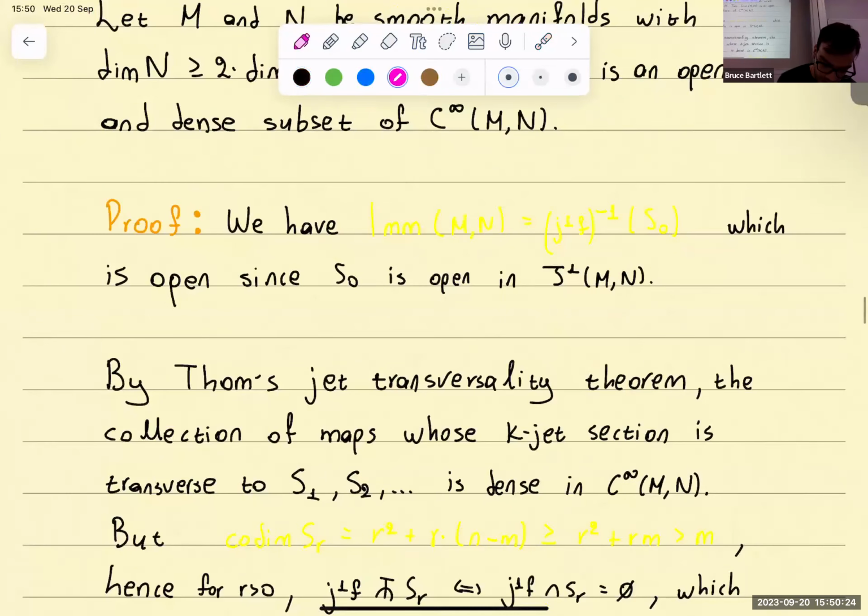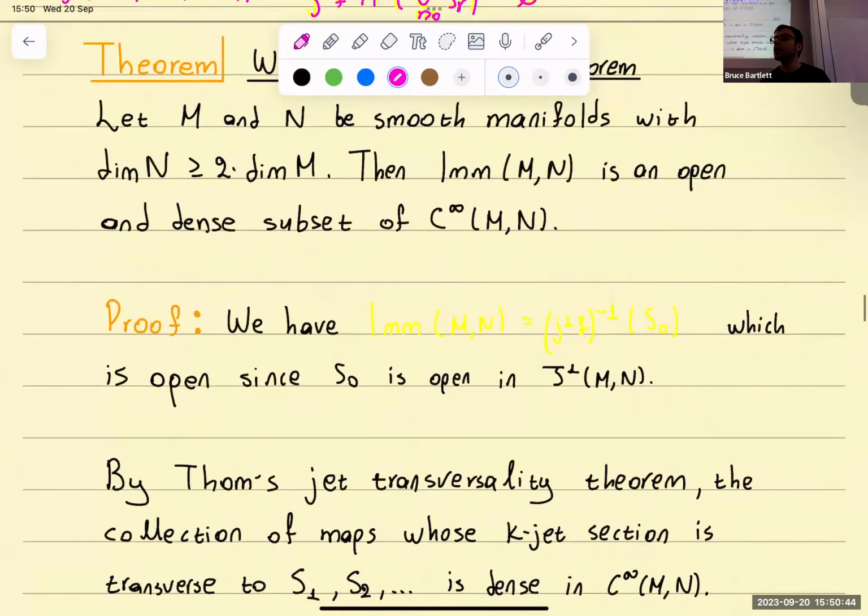So just from definitions, the space of immersions... sorry, I wrote... sorry? Yes. Well, you mean here?